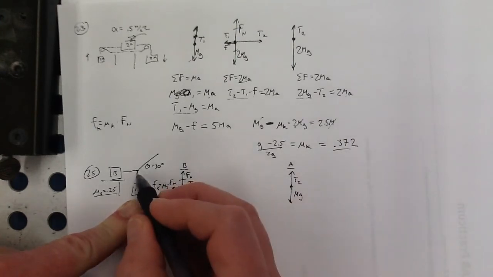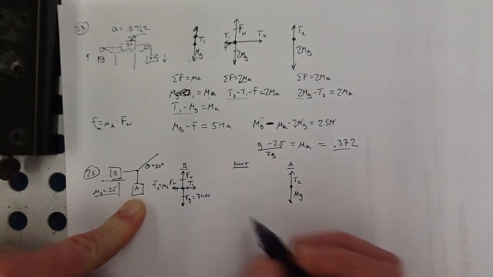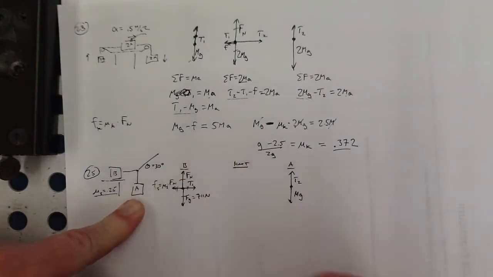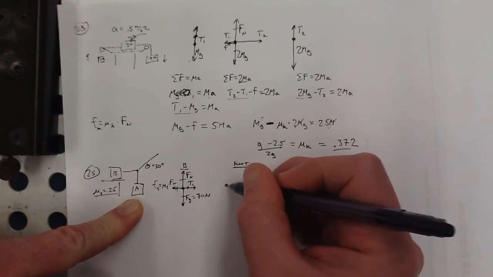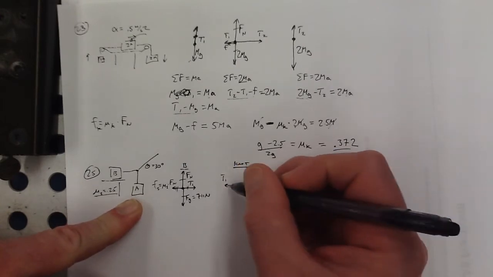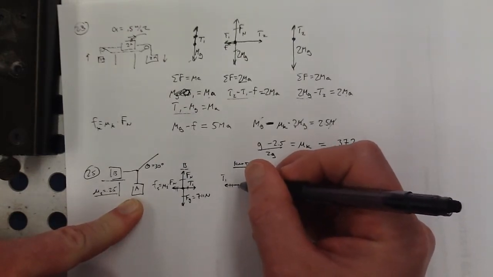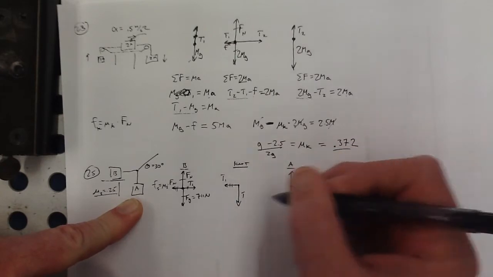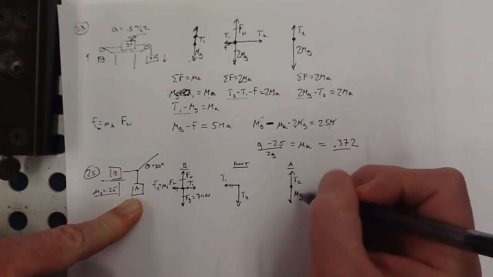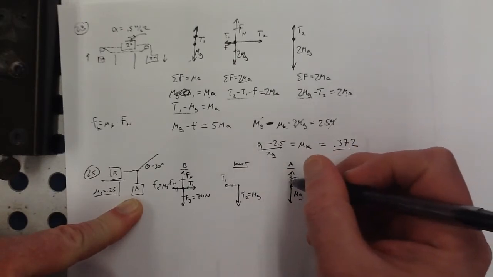And then I'm going to also make a force diagram for the knot, because that's definitely forces acting on that. And what are those forces? Well, there's T1 this way. That's the same rope as that. There's T2 that way, which is equal to mg, right, because this block's not moving.